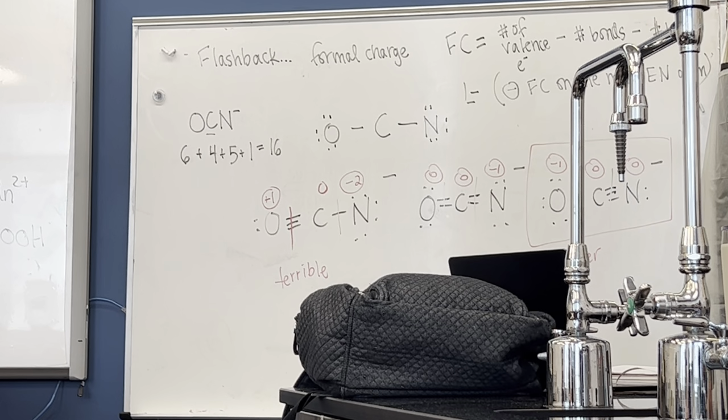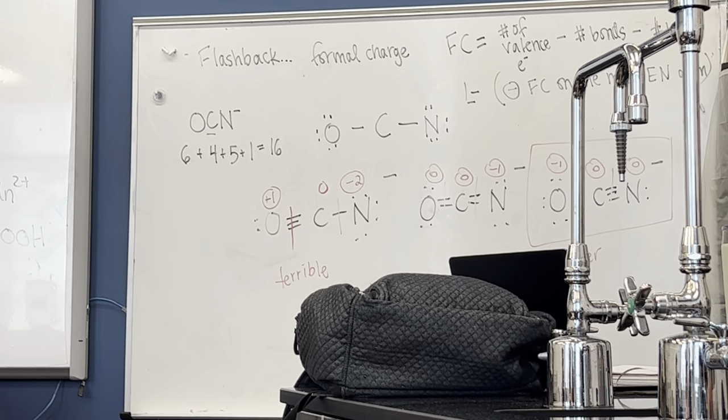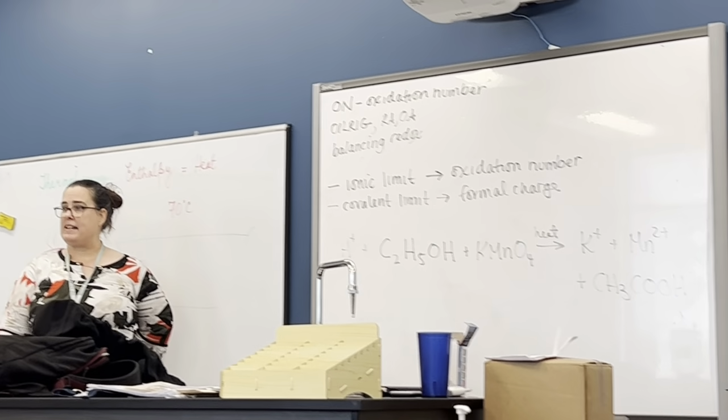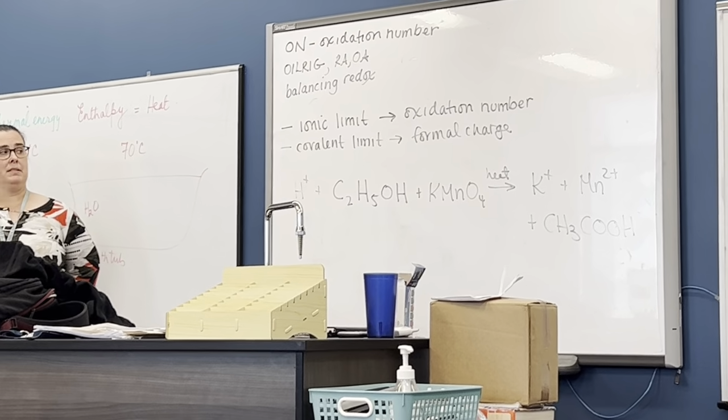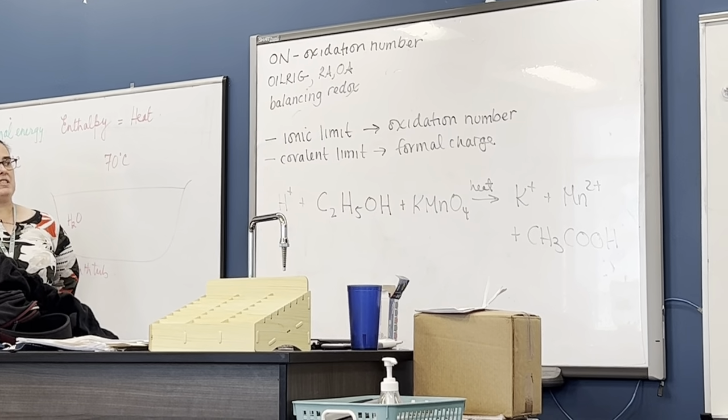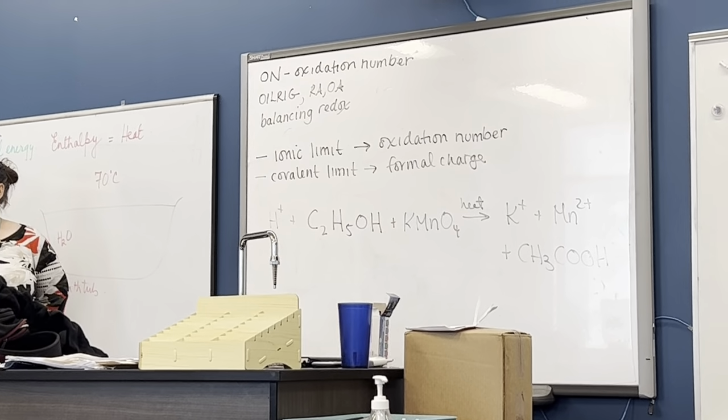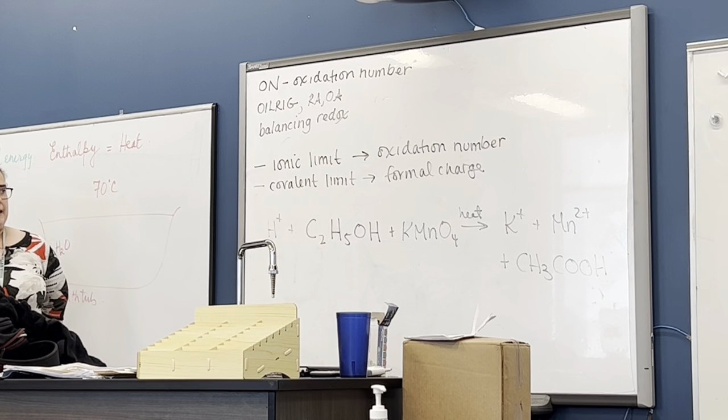In chapter 10, we learned that we could take a primary alcohol and turn it into a carboxylic acid by using either the potassium dichromate or the potassium permanganate. Remember that? Yeah. And so I know this is supposed to be oxidation, but I don't see oxidation.